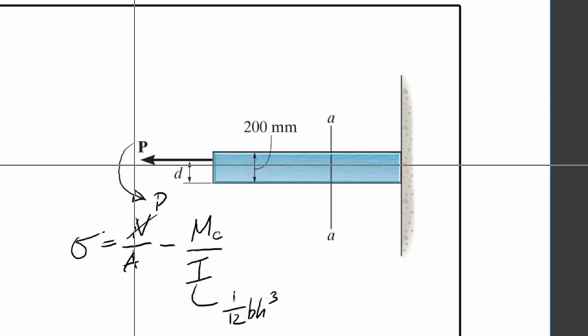From there, what you're solving for is the load that produces the moment or the offset distance.